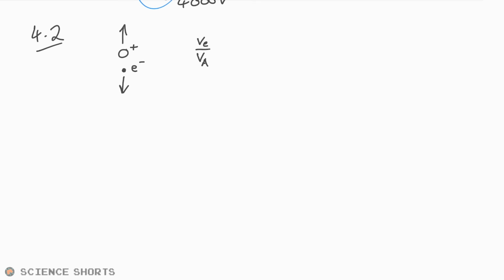Can I put VA? So like I said earlier, we need to know what these are proportional to. So what do we know? We know that the kinetic energy gained by both is going to be equal to EV, because that's the energy of any charged particle that's accelerated through a PD, and that's going to be equal to half mv squared.